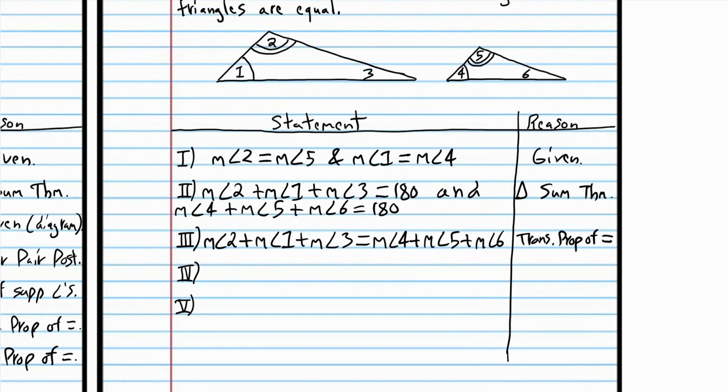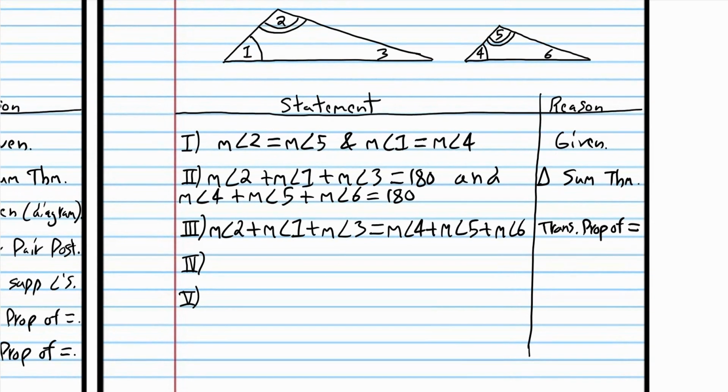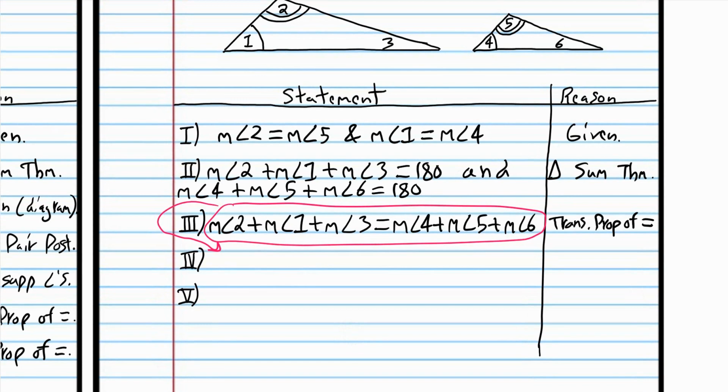So now we're going to use this information up here, and I'm going to plug in angle 5 here. So I'm going to take this equation and rewrite it in this step, but instead of measure of angle 2, I'm going to plug in measure of angle 5.